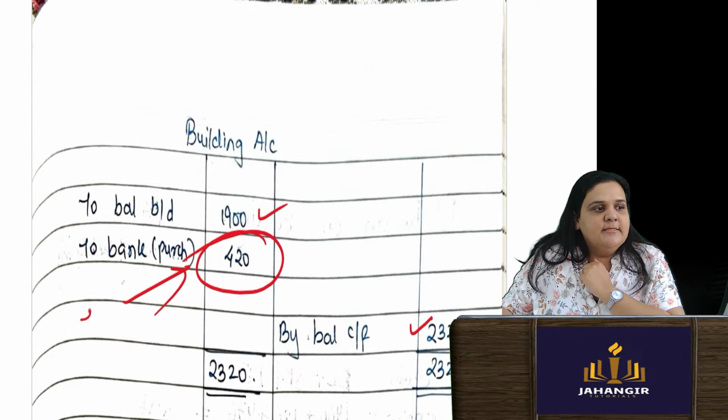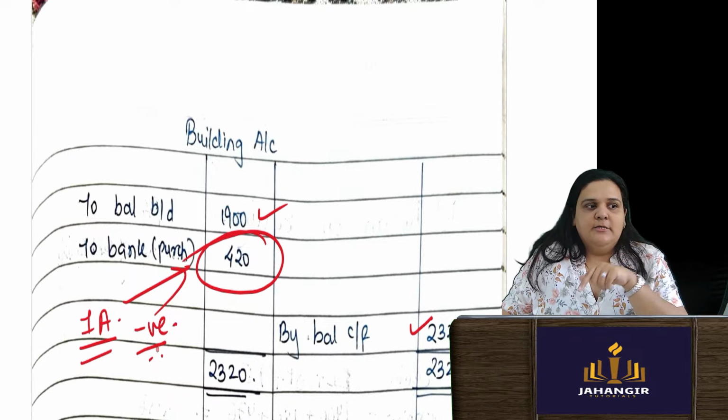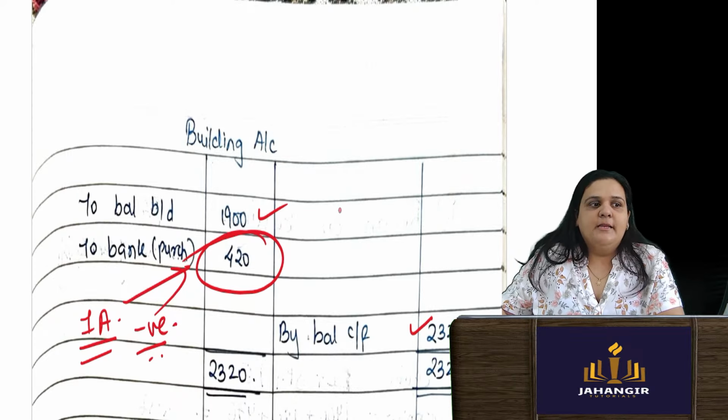For building, this is investment activity negative, it will go 420. But there will be another effect, no? For every journal entry, there are two effects. So negative this will go. But in case of financial activity, I will get positive 400 also.